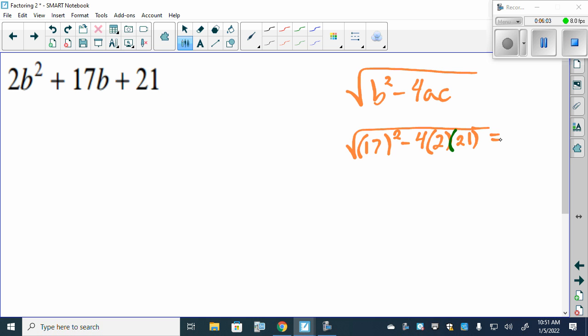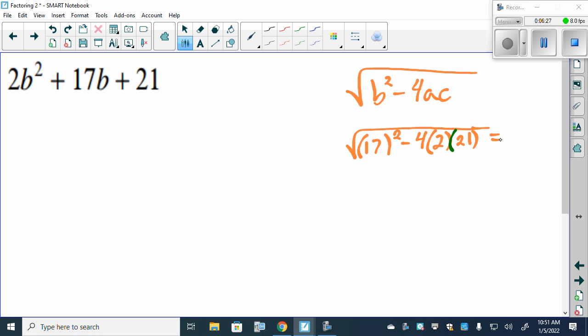Now, we can plug this straight into a calculator. I'm not really focused on what the number is, I'm more focused on what kind of answer I get, because if I get anything besides a whole number, it's not factorable. And if it does give me a whole number, it's telling me that this is factorable.